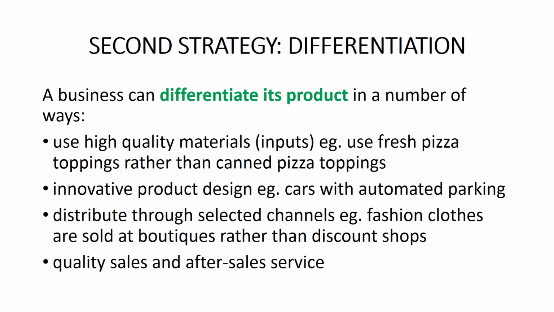So you've bought your product, maybe a car, and then in the next couple of months you need the car serviced, and that service is provided to you. You drive your car into the service centre, you're given a cup of coffee, you're made comfortable, perhaps you're given a taxi voucher to go into work, and then a taxi voucher to come back out to pick up your car. That's quality after-sales service.